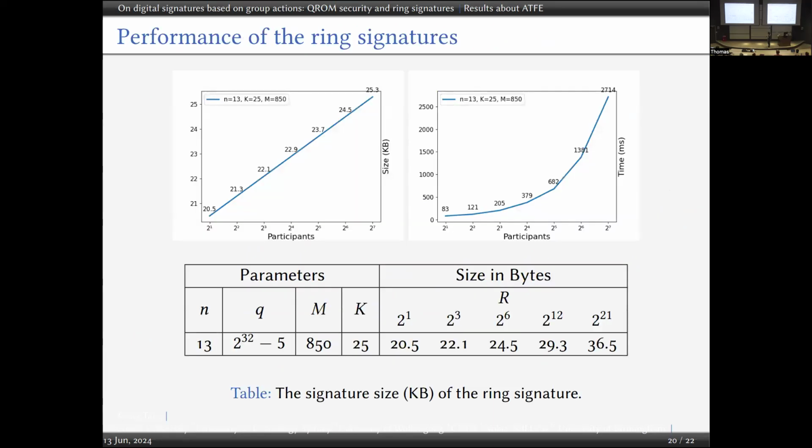And here is our implementation of the ring signatures, with some performance numbers. We also have a logarithmic signature size: if the number of participants increases exponentially, our ring signature size increases linearly.